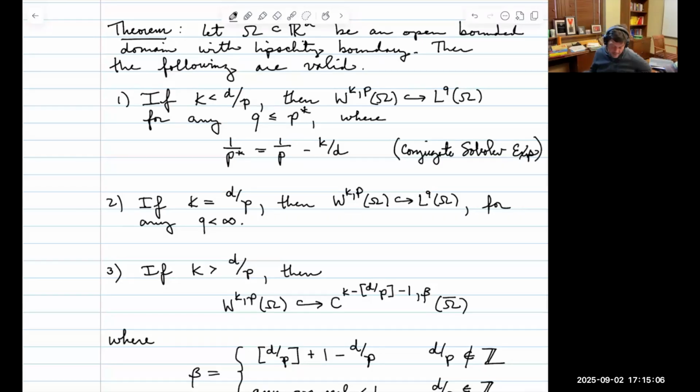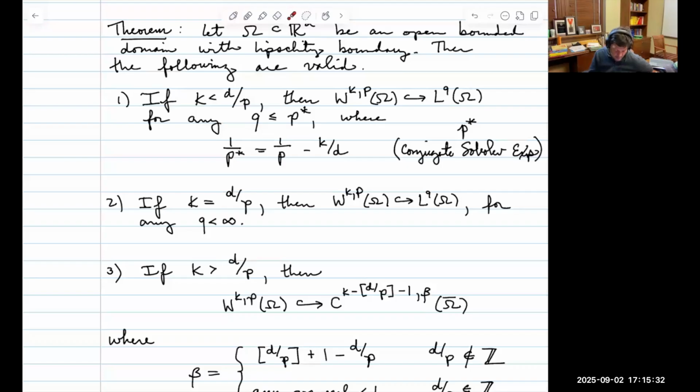That's what the p star is, and it satisfies this little equation here. So I'm going to give you an example. It's probably going to be impossible to remember all these facts. I don't want you to remember the details. I simply want you to know how to apply them. I'm going to show you how to apply them momentarily.